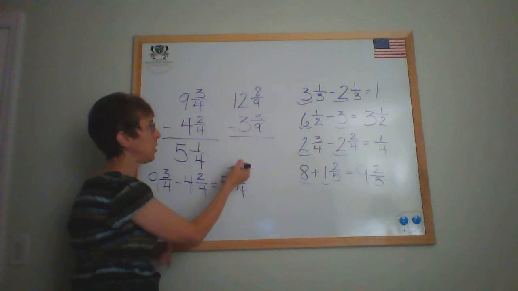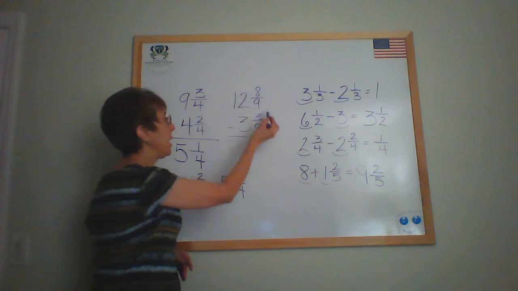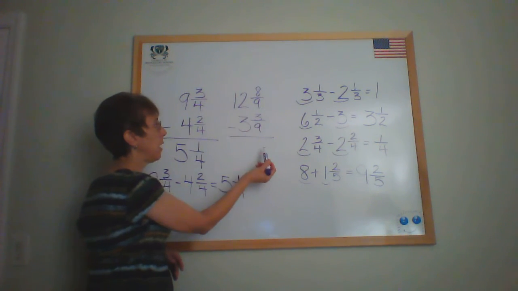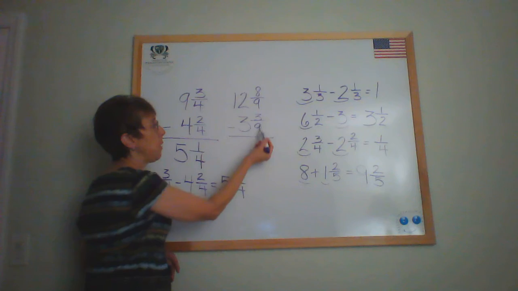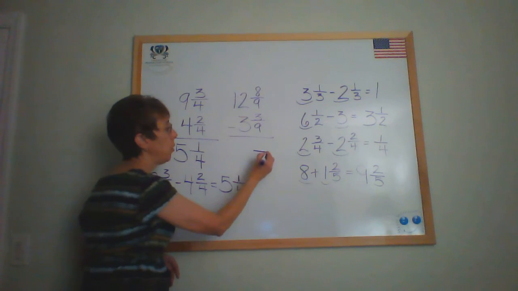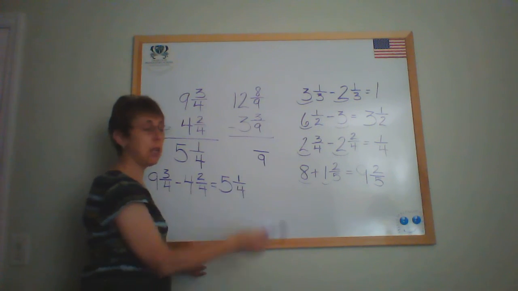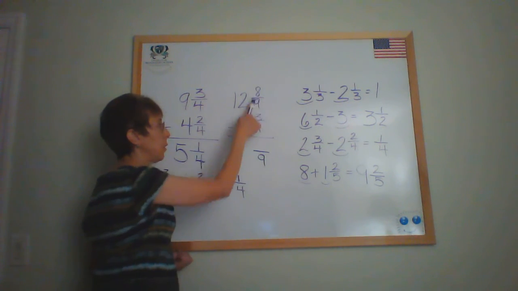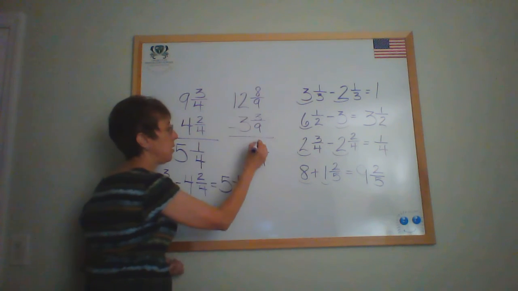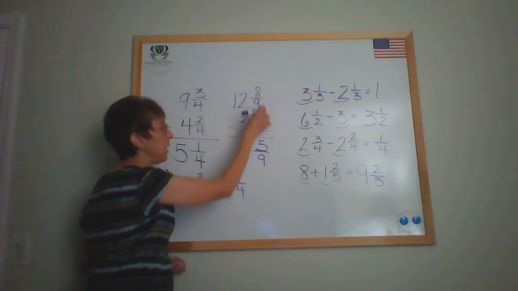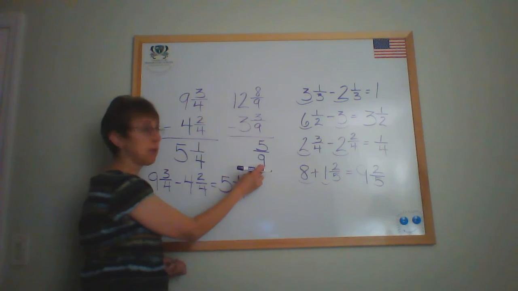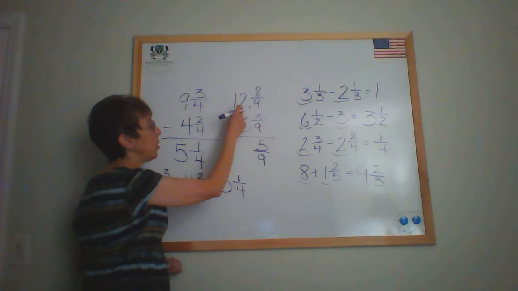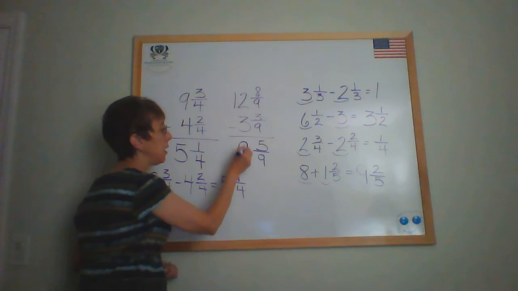All right, and then let's just do this last one. 12 8/9 minus 3 3/9. 8/9 minus 3/9. Again, when your denominators are the same, it stays the same and you only work with your numerators. 8 minus 3 equals 5. 8/9 minus 3/9 equals 5/9. And then 12 minus 3 equals 9.